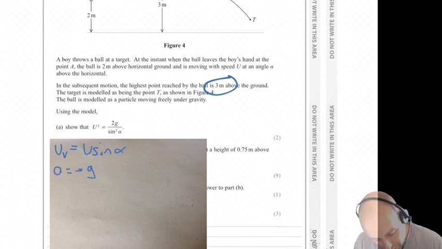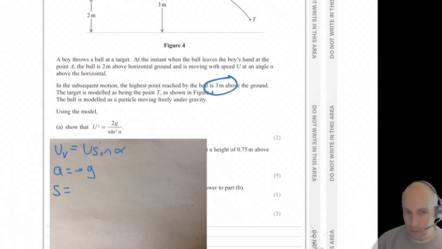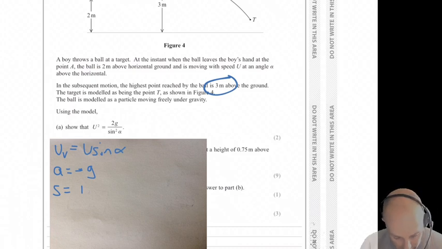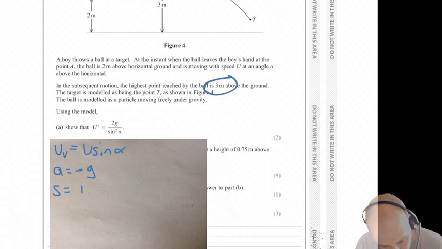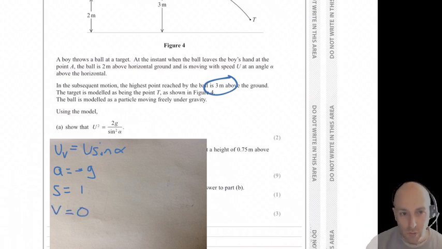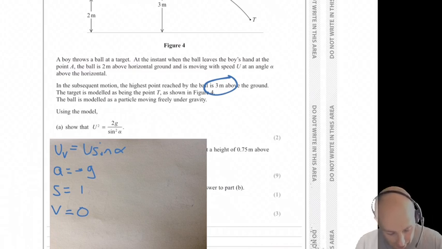And we know the final point vertically is 3 meters above the ground, which is 1 meter above where we started. We want to try and find the initial velocity. We know the final velocity is 0. So we want to rearrange and find an expression for u. We're going to be using v squared is u squared plus 2as.